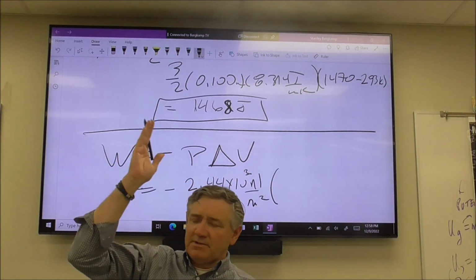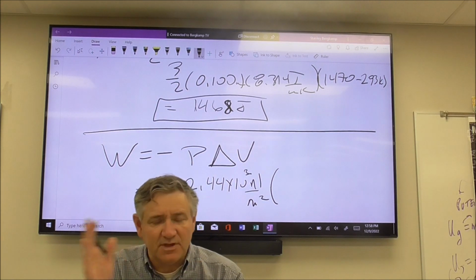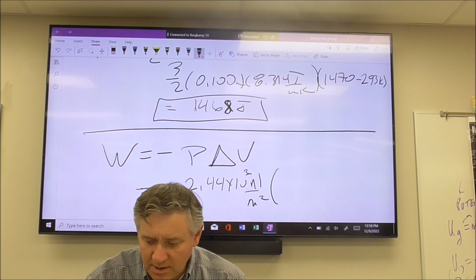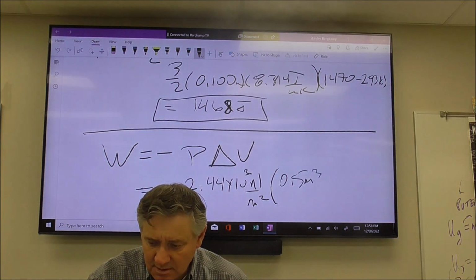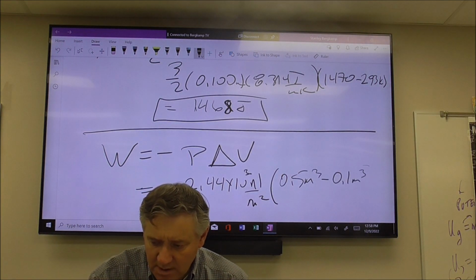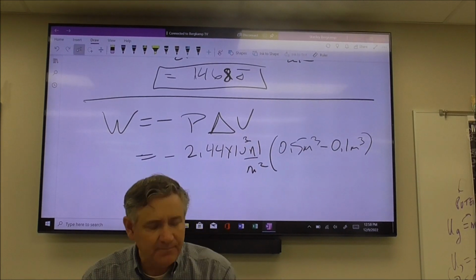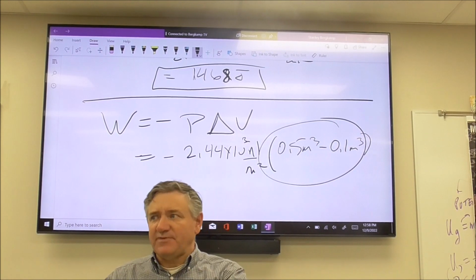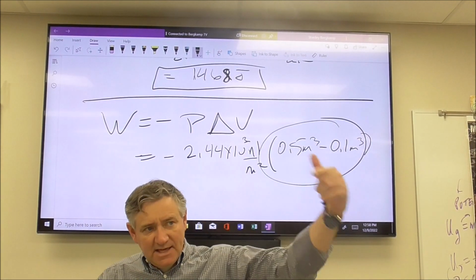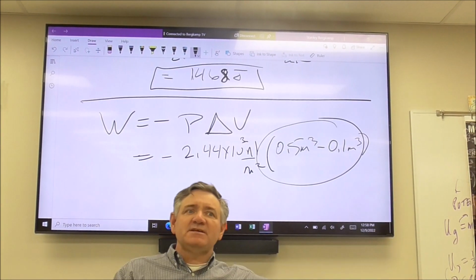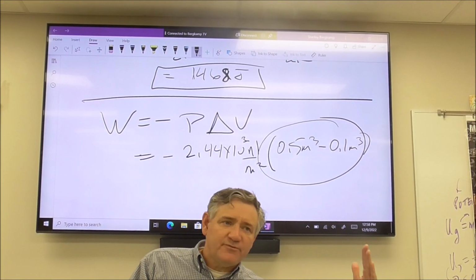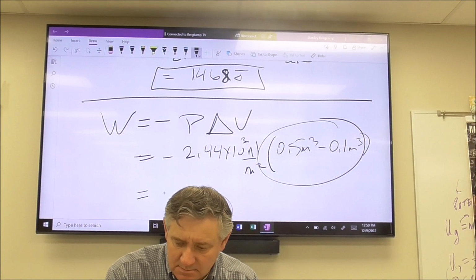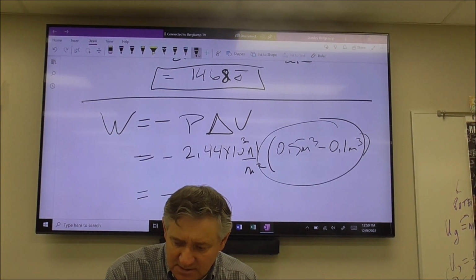Now, volume changes are final minus initial, just like anything you've done before. So my final volume is 0.5 cubic meters minus 0.1 cubic meters. Okay? So look what happens. My delta V is a positive value. But that negative sign out in front makes my work a negative value. So what did you get when you did this? Negative 976 joules.